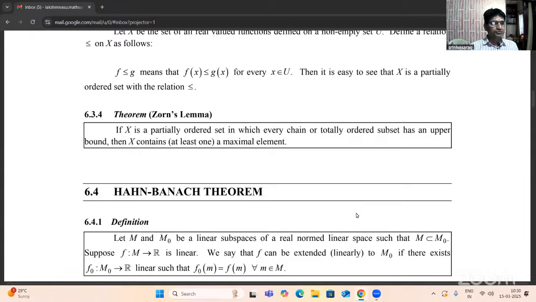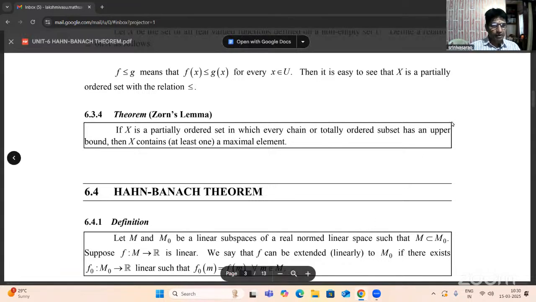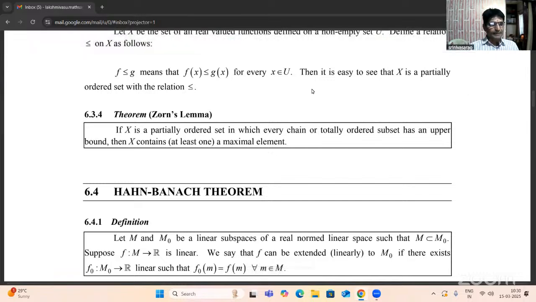Now, if capital X is a partially ordered set in which every chain, that is also called a totally ordered subset, has an upper bound, then the partially ordered set has a maximal element. That is the Zorn's lemma statement.